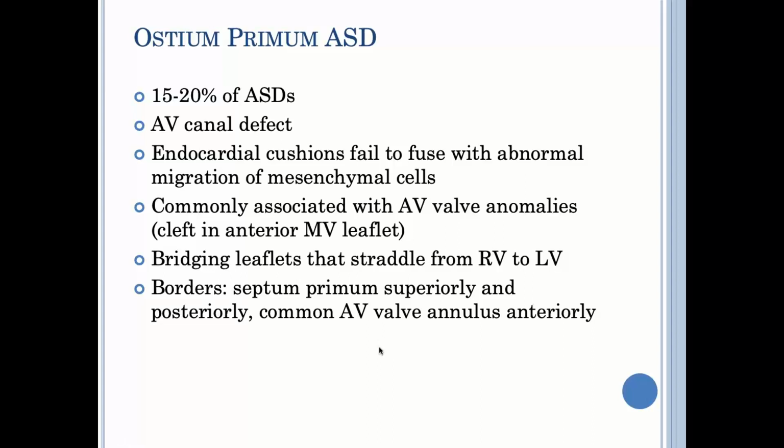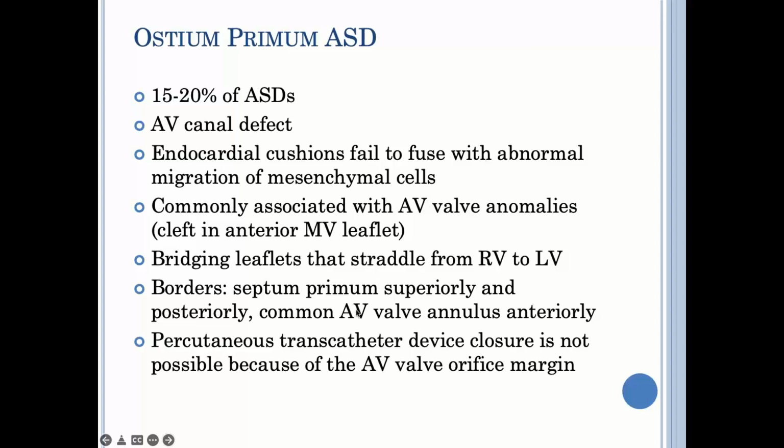The borders of the septum primum ASD are septum primum superiorly and posteriorly, and then the common atrioventricular valve annulus anteriorly. Generally, because these defects involve the atrioventricular valve orifice and margin, there is not enough space for a percutaneous transcatheter device to be placed, and these defects are not amenable to this kind of closure.